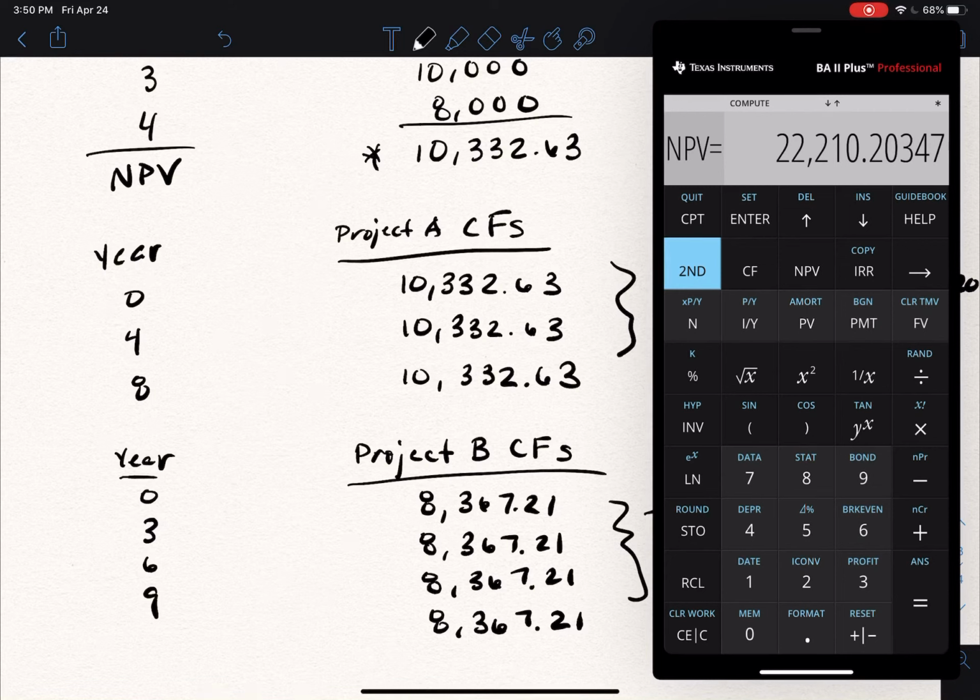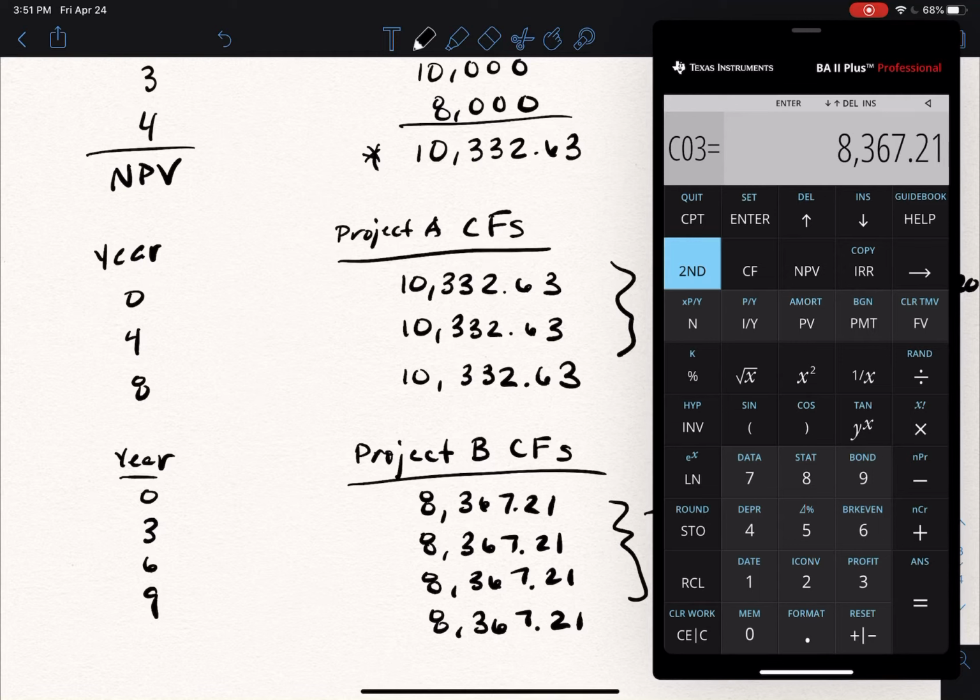So we're going to go cash flow, second, clear, and starting at year 0, 8,367.21, enter. And then instead of doing it every 4 years, we're just going to do it every 3 this time. So we're going to hit enter for year 1, for year 2, 0, and then for year 3, 8,367.21, enter.